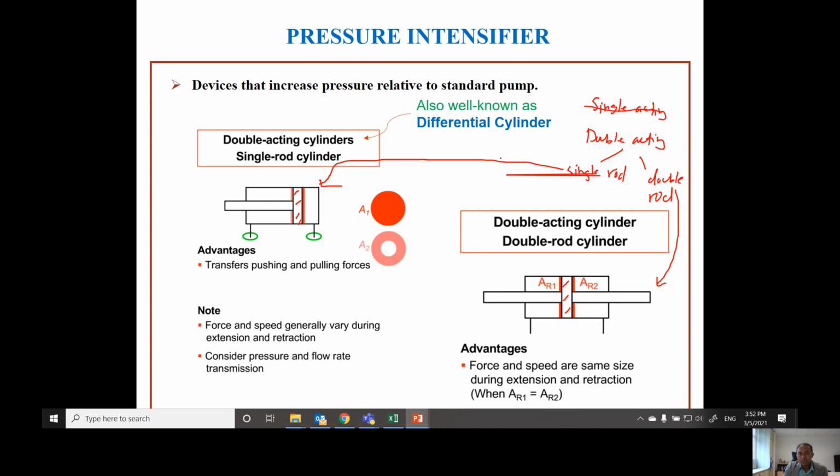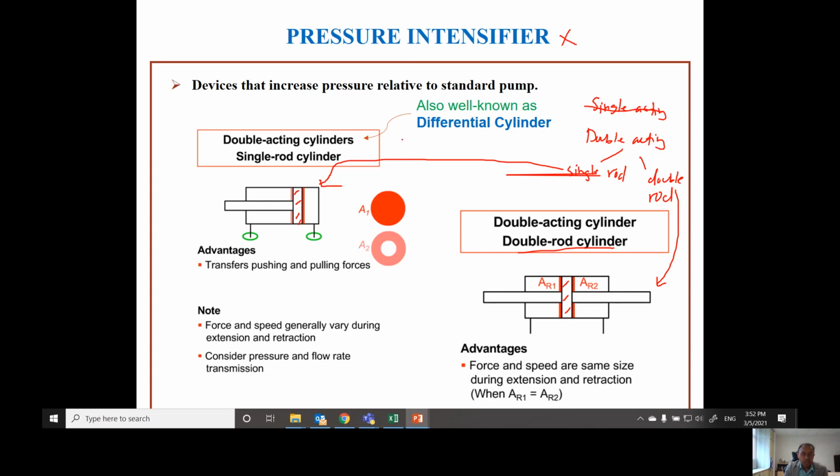So when you have this, there will be no pressure intensification with a double rod. In order to have pressure intensification, you have to use a single rod cylinder.